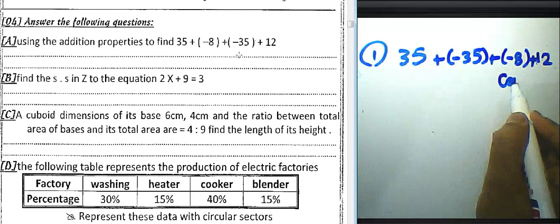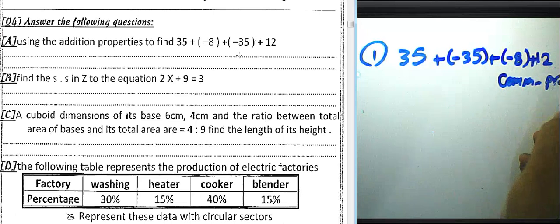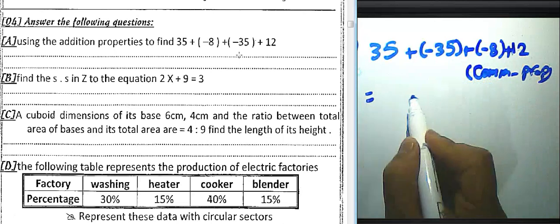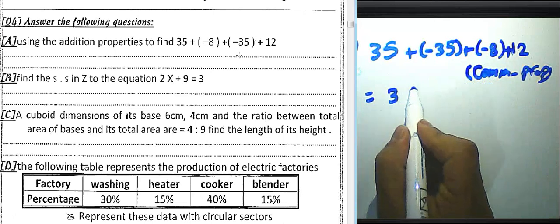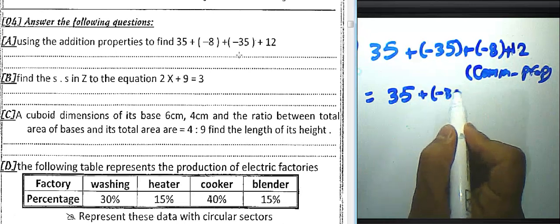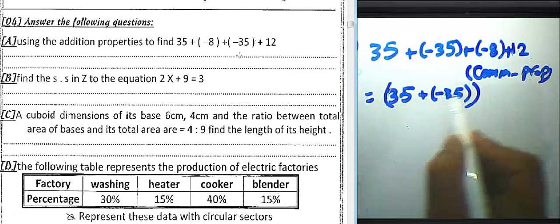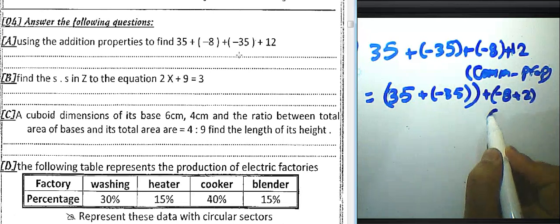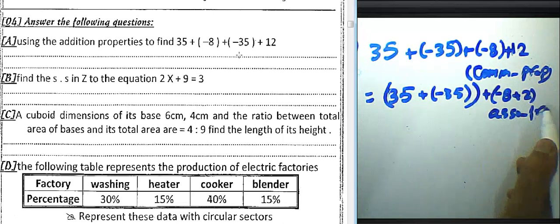We use the commutative property in this example, and then we can use the associative property: 35 plus negative 35 plus negative 8 plus 12, using the associative property here.